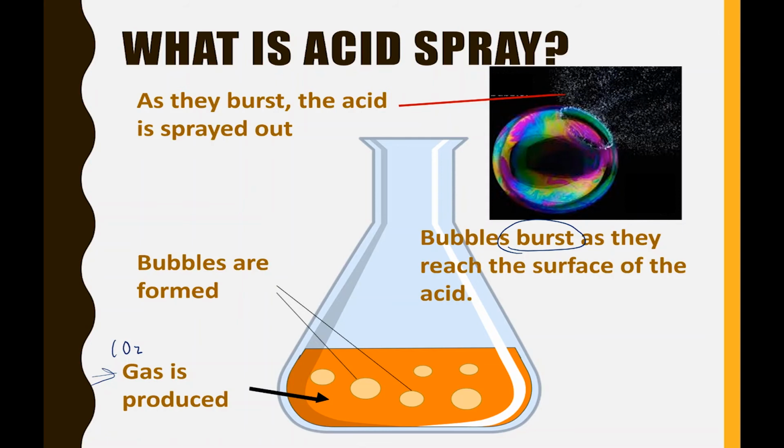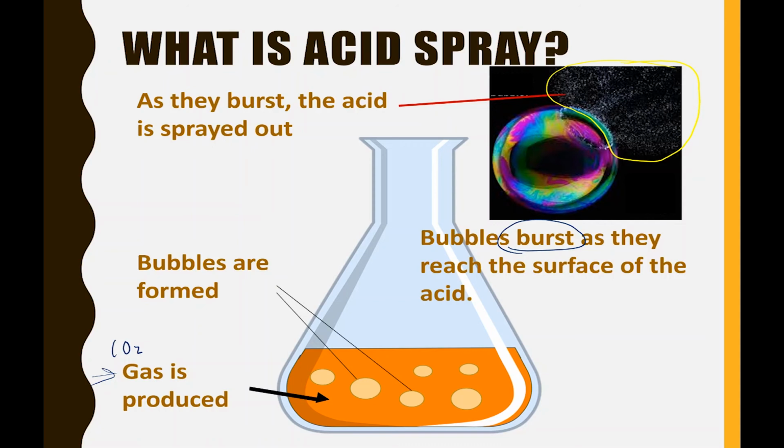This is an actual picture of a bubble bursting. There are a lot of people who do this as research. They take pictures of bubbles bursting. Fun, right? So you see all this liquid being sprayed. That is what we call the acid spray.